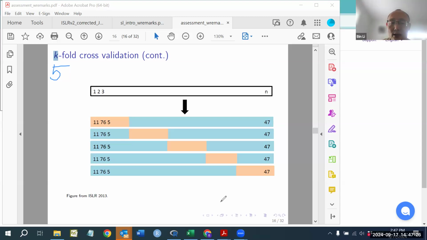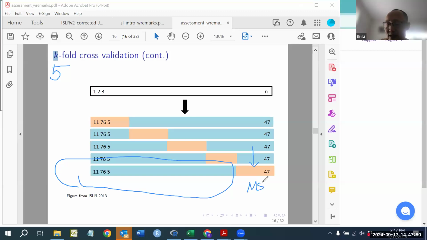Then use one of the folds as the validation set and combine the rest together as the training set. Fit the model, predict on the validation set, and we get the error from this validation set. Let's say this is a regression, so we use MSE. So we have an MSE for fold 5.